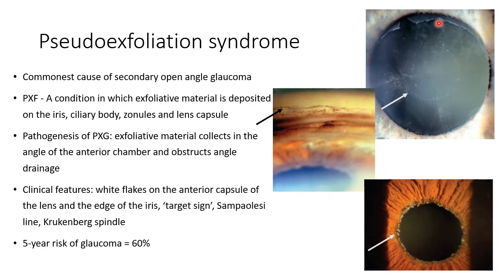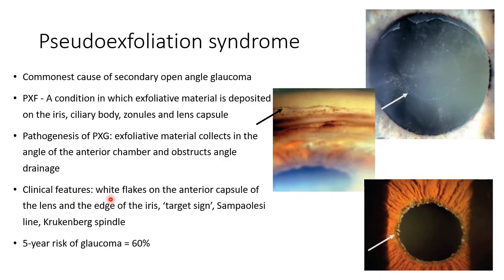So you see, this is that exfoliative material, white amorphous powdery substance deposited everywhere in the anterior segment. When does pseudoexfoliative glaucoma happen? When this exfoliative material collects in the angle of the anterior chamber and obstructs the angle drainage, right? So open angle glaucoma and of the trabecular variety, usually.